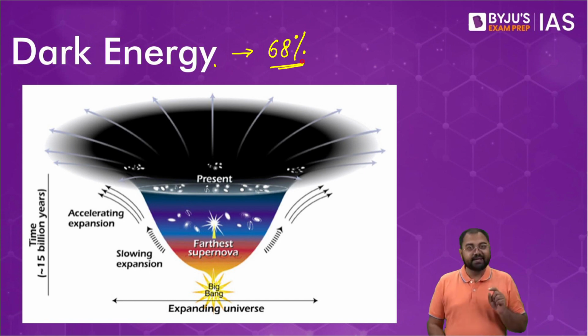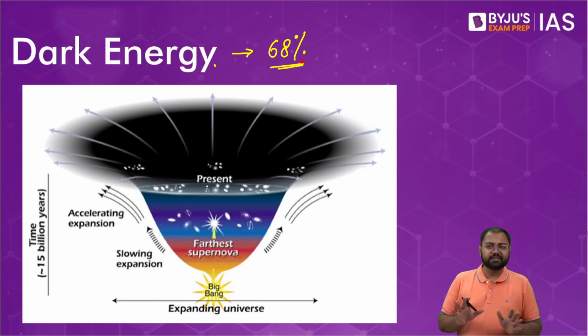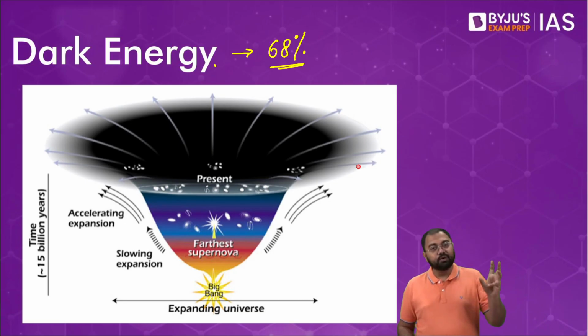To understand that, understand the formation, or rather the structure of the universe. If you see this, this is how it is supposed to be. This is what the structure of the universe is like. But it's not always the notion that we held.